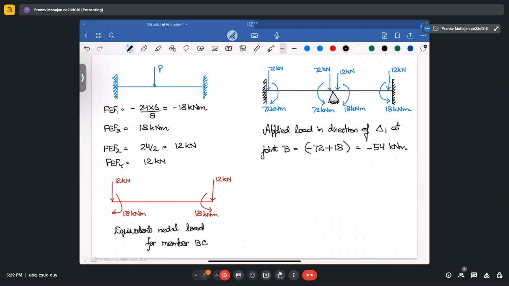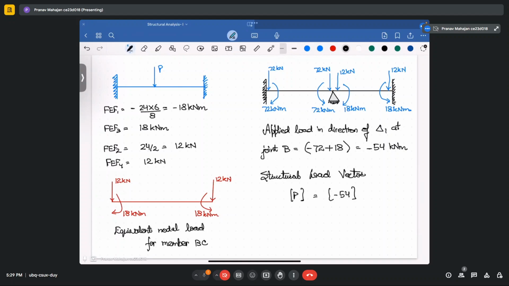Okay. So your structure load vector P will be equal to minus 54.